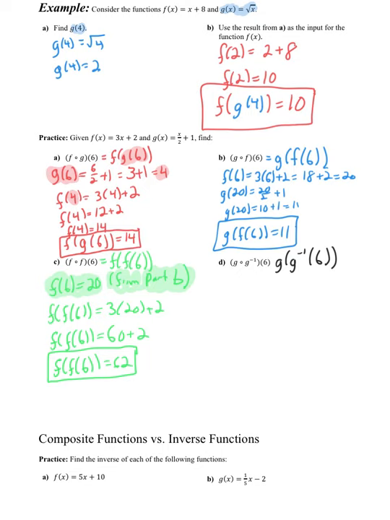Okay, and the last one, part D, says g of g inverse of 6. G of g inverse of 6. So my input function is g inverse of 6, the first thing I need is an equation for g inverse. So I have to do that before I can even solve this.